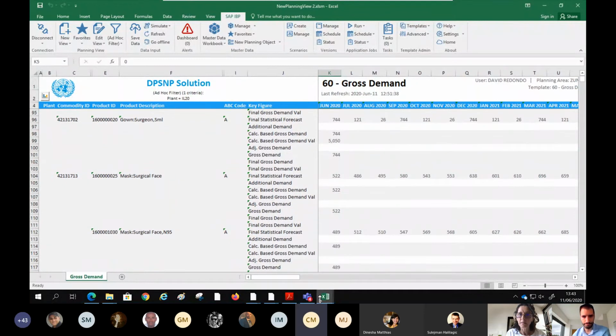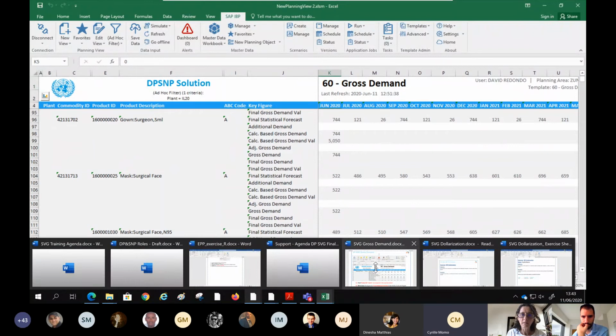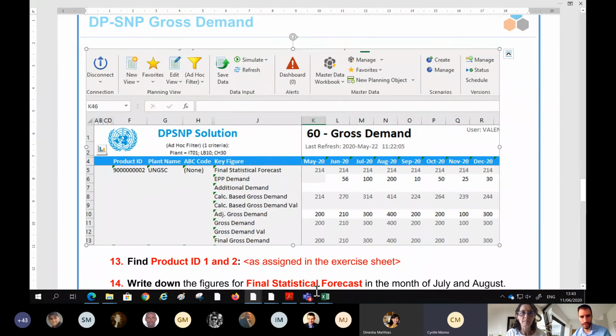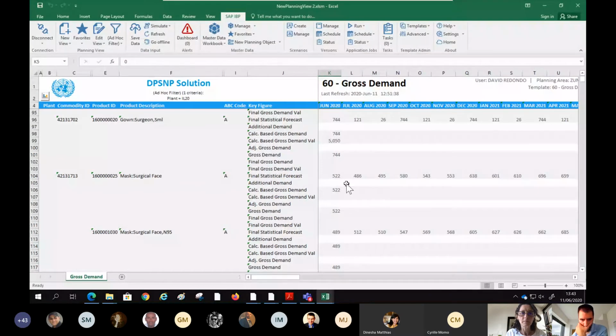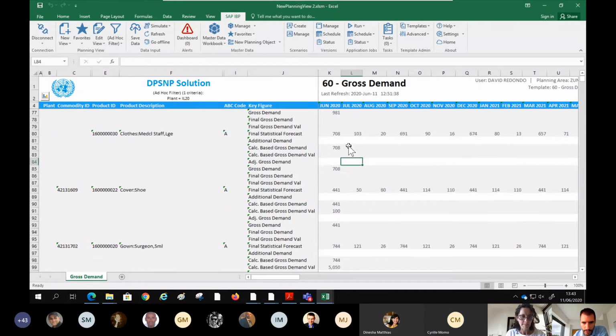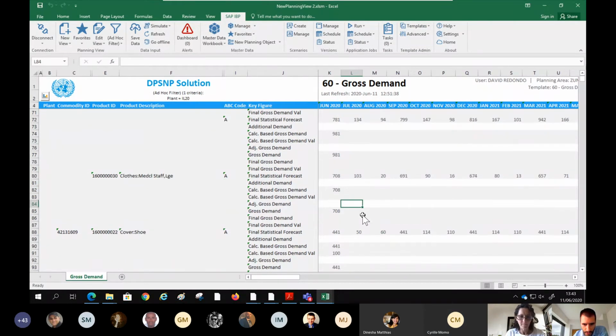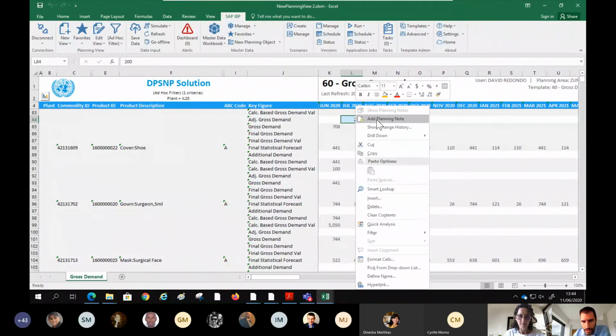David, when you do the adjusted gross demand, there's a possibility to add a note, right? Could you show how? Yeah, the note is common to all the templates. For adding notes, let's say we add an adjustment here, so we say 200 something. It was with the right click and add planning note.